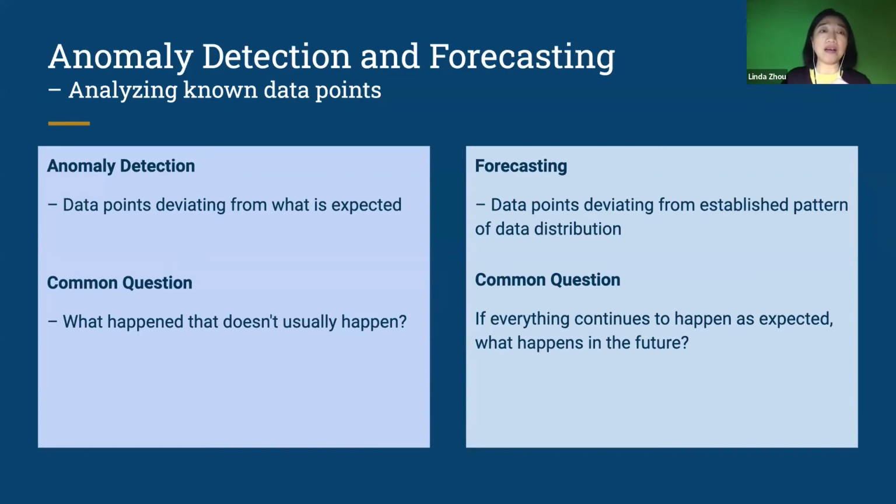For the simple ones, you have a mean and standard deviation and you are deviating from that. For more sophisticated ones, you are deviating from a moving average, for example. That's when you say, oh, this shouldn't happen. Why is it happening?